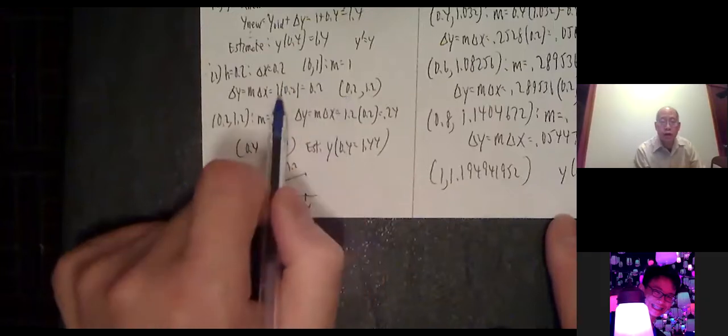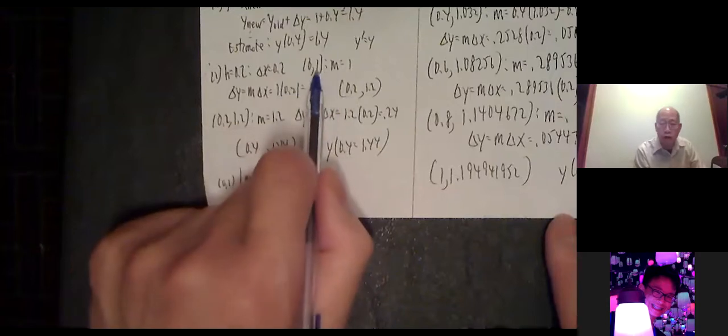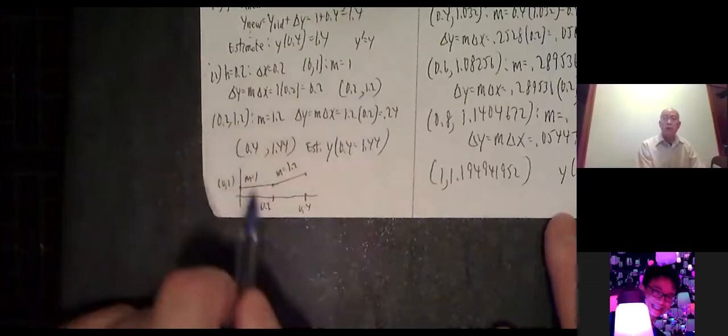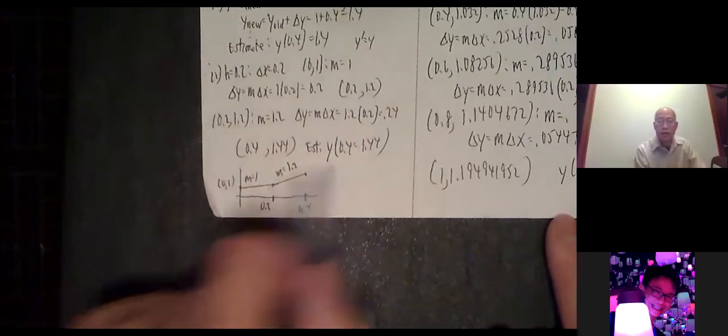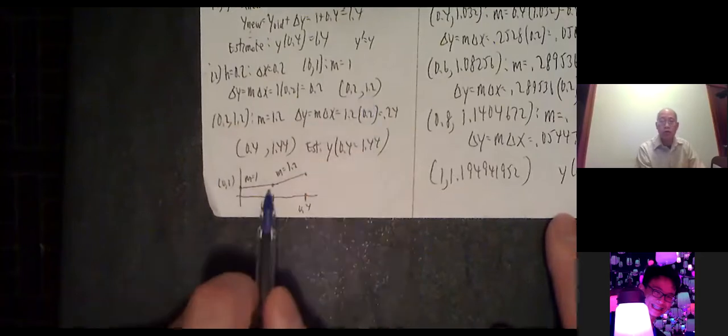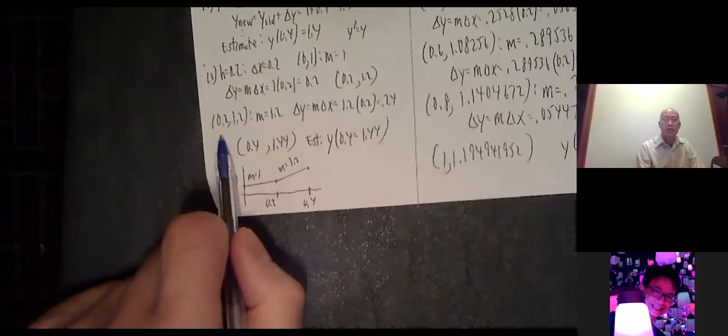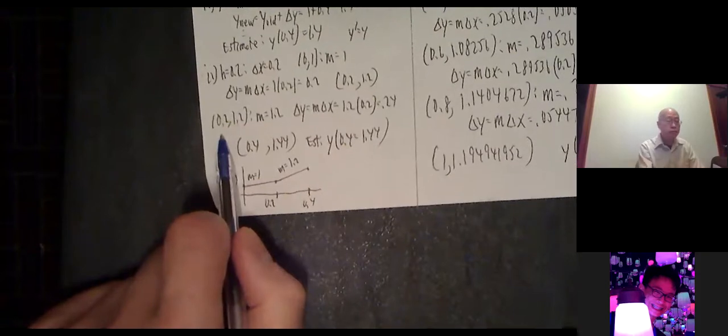What's the new y value? I take the old y value, 1, plus delta y, which is also 0.2, so 1.2. So this point right here is the point 0.2, comma 1.2. Okay? And now I stop and recalibrate a new slope.